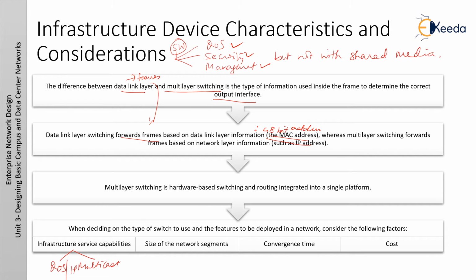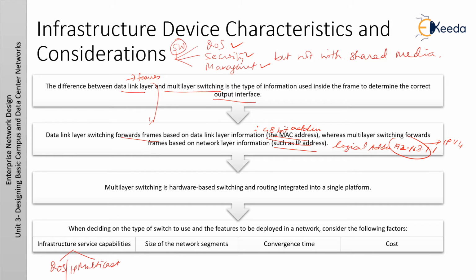Whereas multi-layer switching forwards frames based on network layer information such as the IP address. These are also known as logical addresses, and these are dot separated, like 192.168.1.1. I'm talking about IP version 4.